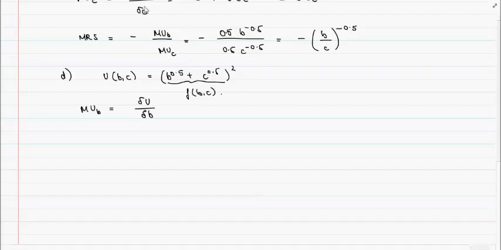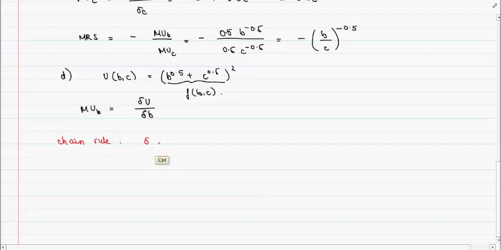So the rule for differentiation, applying a chain rule over here, is when you want to differentiate f squared.